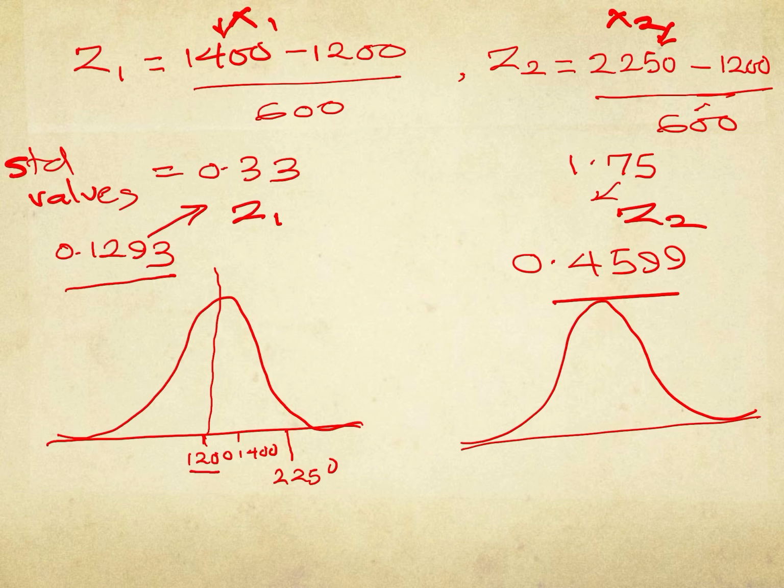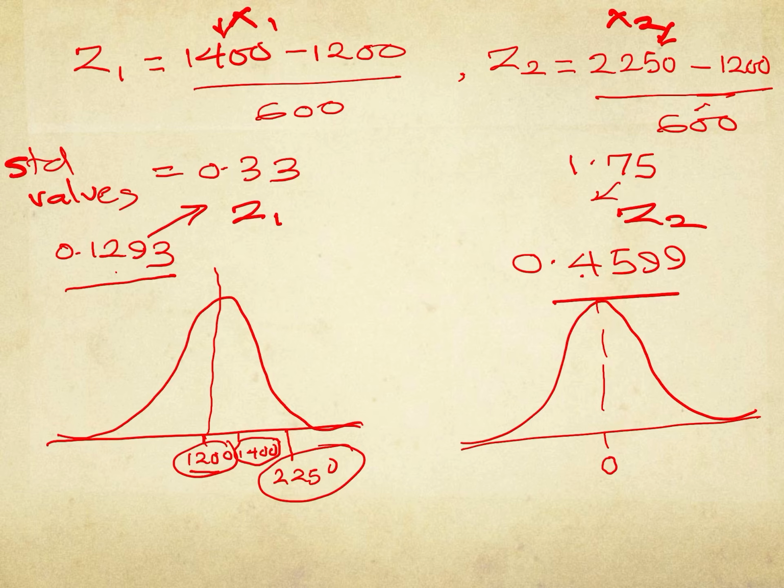So we have 1400 and 2250. What do these values mean in terms of the probability distribution? Let's look at the other graph here. Same thing, but we now want to convert these values. If you remember, the middle point when it comes to the probability is equal to 0.